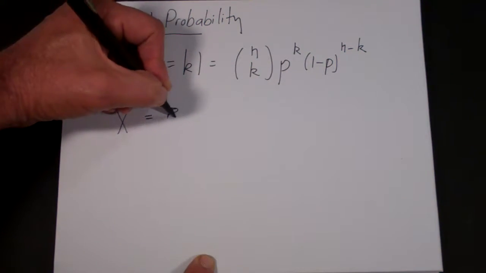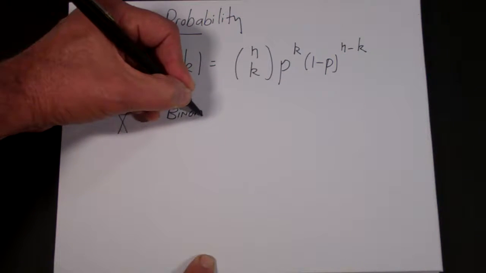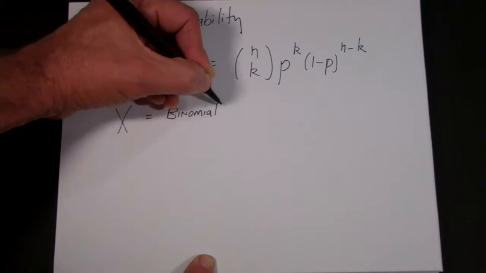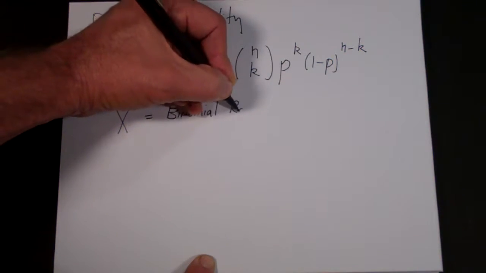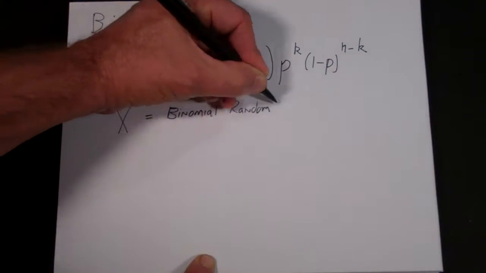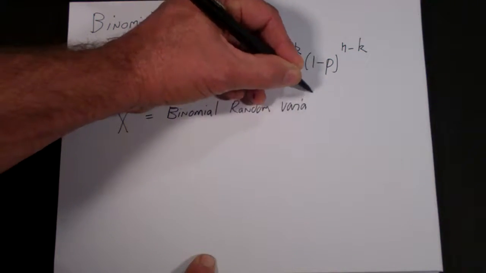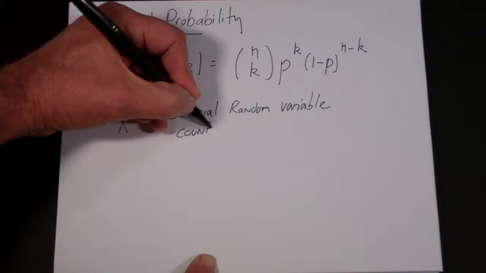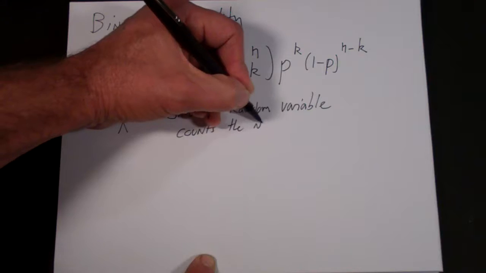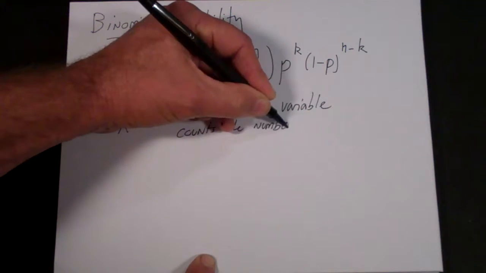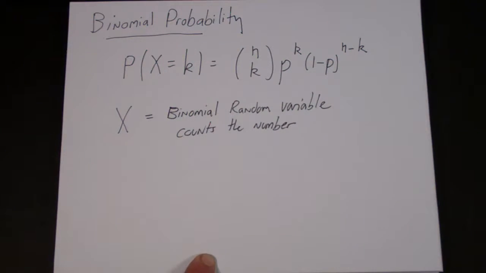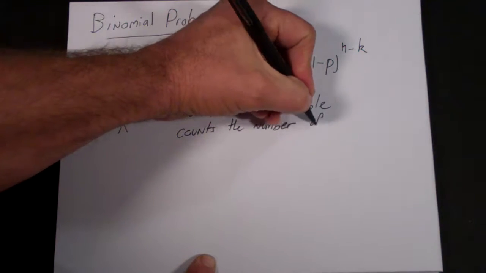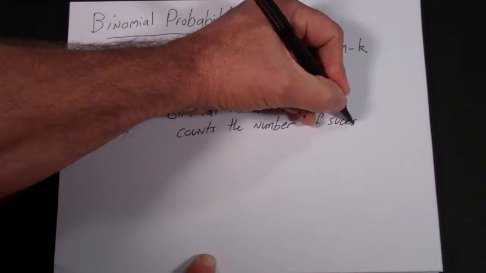It's a binomial random variable of a certain number of trials, and it counts the number of successes. When you set up a binomial situation, you define the outcomes to be a success or a failure, and that counts the number of successes.